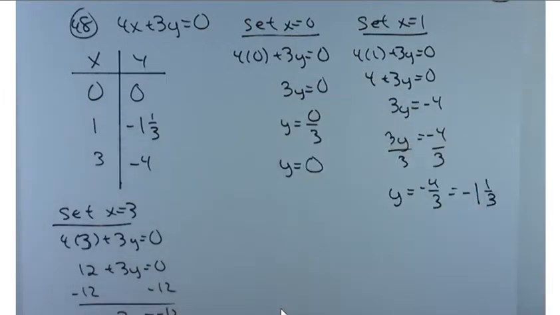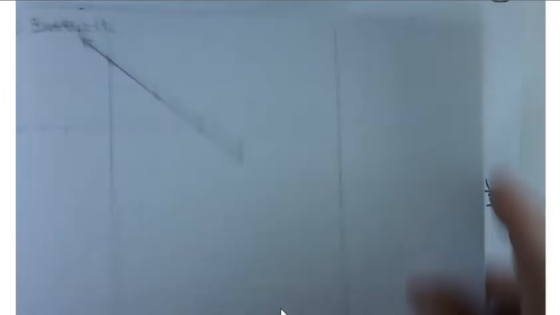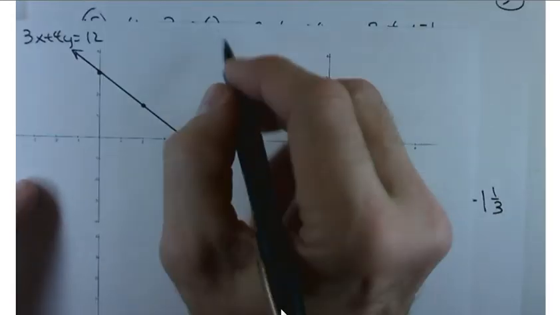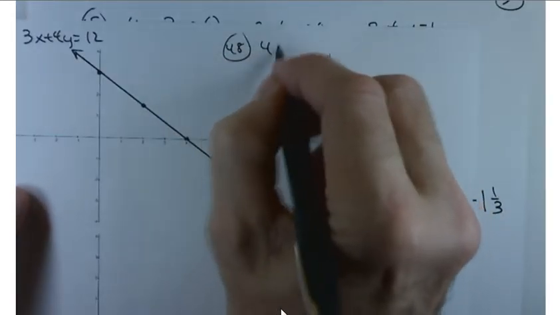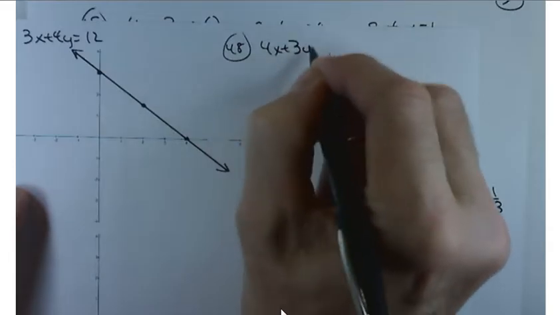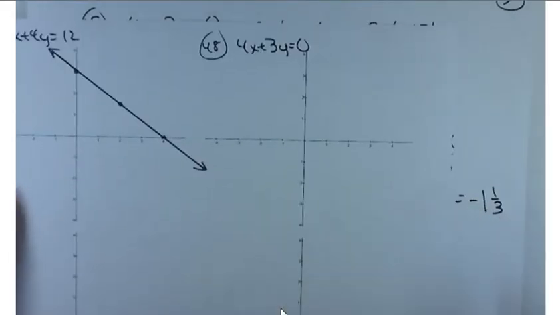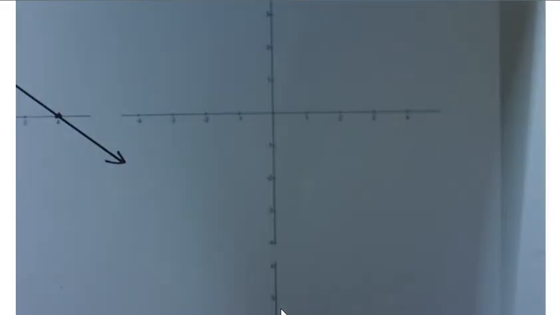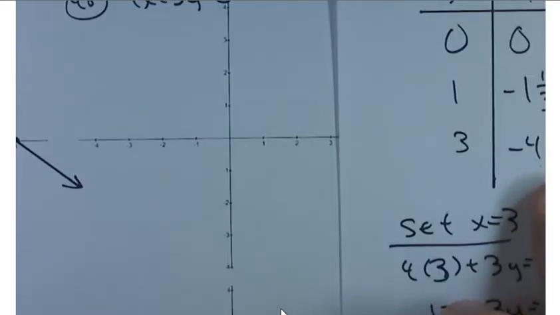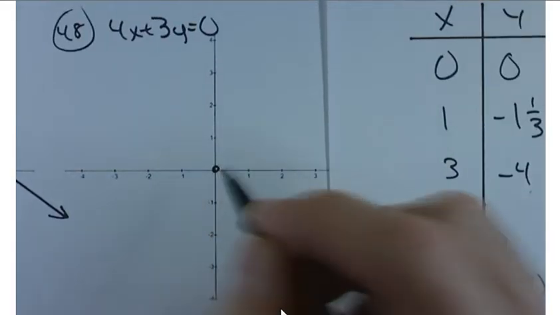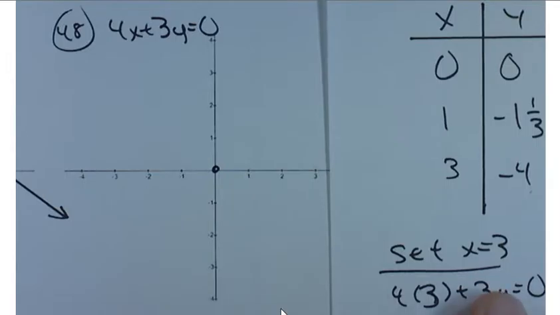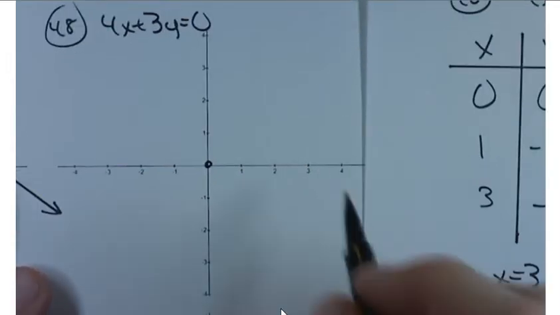So let's graph that back on the front side here. Problem 48, 4x plus 3y equals 0. Let's take a look at our t-table as we graph that. We had a point at the origin, 0, 0. Let's plot the integer one next. That was at 3, negative 4.